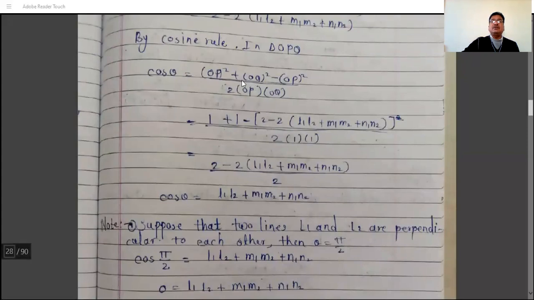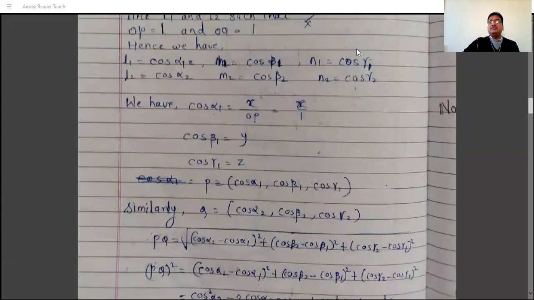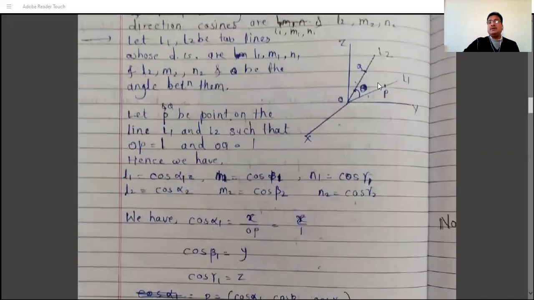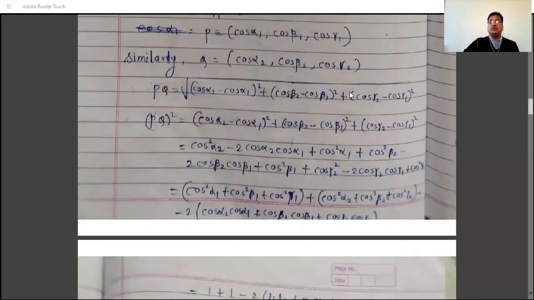So this is the cosine rule. Theta is this angle. So cos theta is OP square plus OQ square minus QP square divided by 2 times OP into OQ.